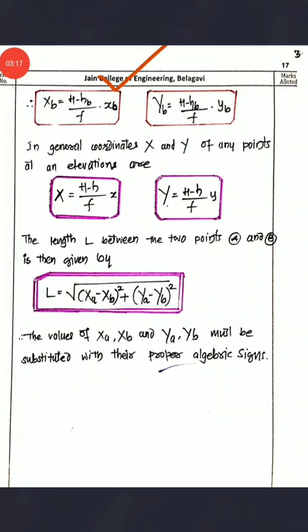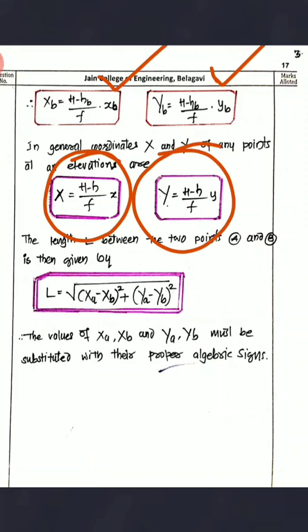Similarly, capital XB is equal to (capital H minus small hb) divided by f into small xb, and capital YB is equal to (capital H minus small hb) divided by f into small yb. In general, this is the formula for the x coordinate, and this is the formula for the y coordinate.